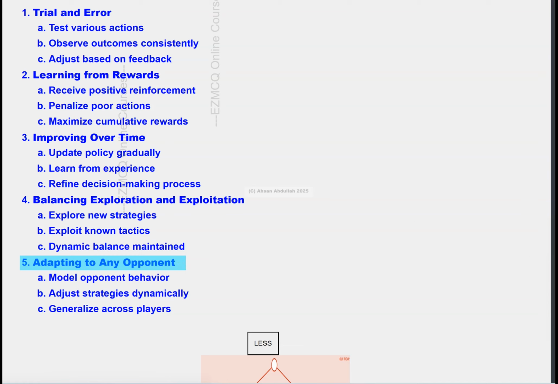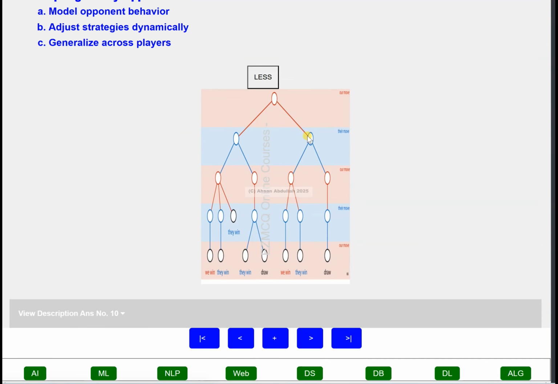As we see here in this diagram, the agent is playing against an opponent, and makes adjustments and generalizes also. So this is adaptability. This adaptability makes reinforcement learning robust in competitive environments where the tactics of the opponent can vary or evolve.